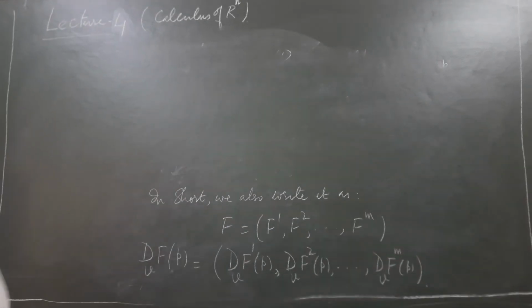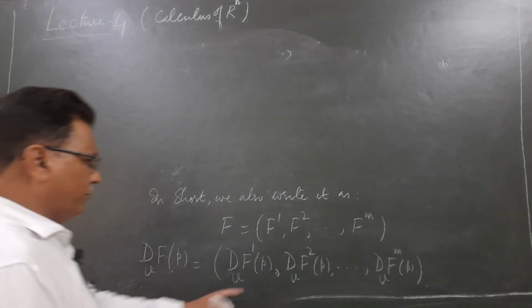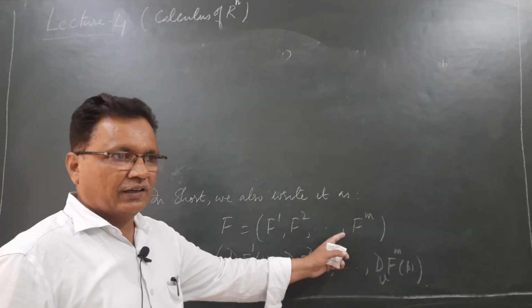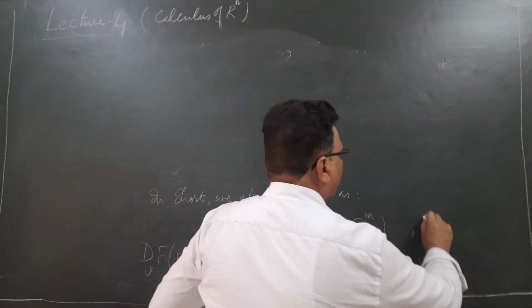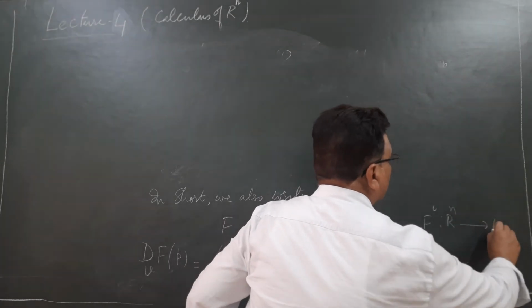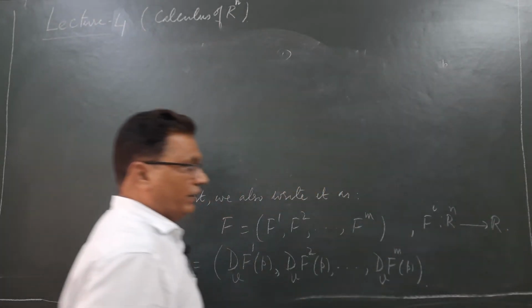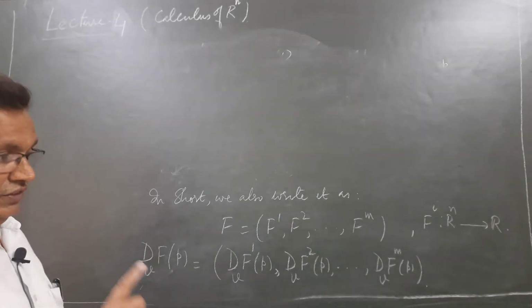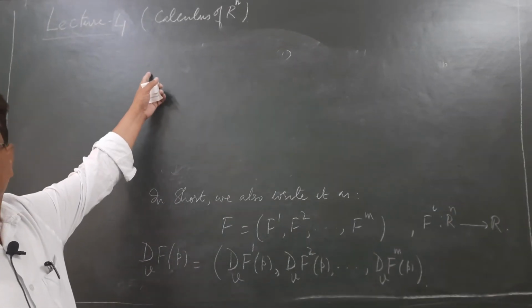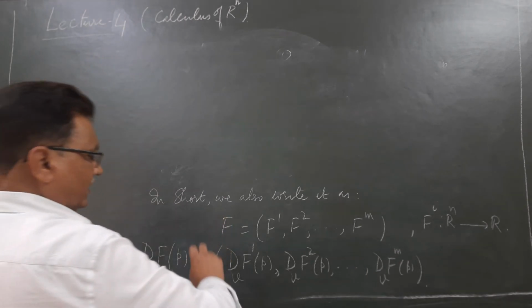Now I am going to make use of this relationship. Since each fi, f1, f2, f3, fm, is a real valued function on Rn, each fi here is a function from Rn to R. Whenever you have a real valued function which is differentiable at a point P, I can make use of the second relation. What was the second relation?